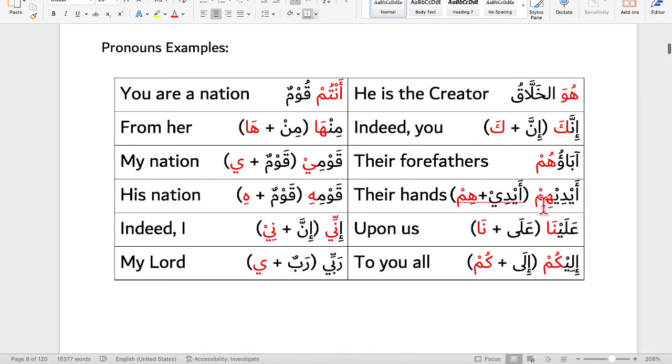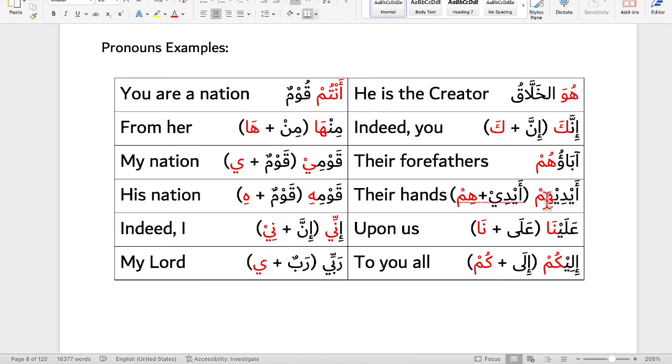Similarly, aidihim, yad we have read above, aidi means hands. Him, whom or him, they can come as whom or him, and it is actually the sound that decides whether it's going to be whom or him. Like in this case, aidihim fits better in sound, so in Arabic they use him.